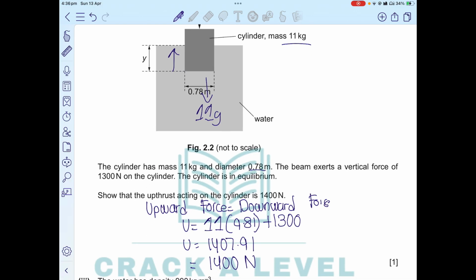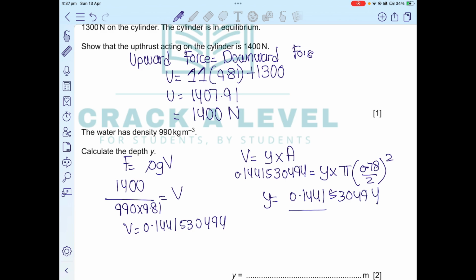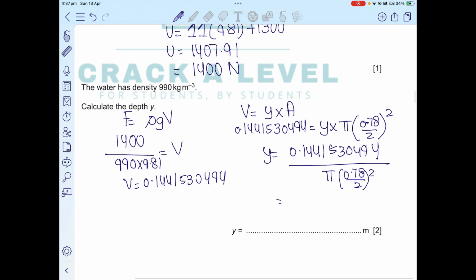They've given us a diameter of 0.78, so we do 0.78 divided by 2, because the radius is the diameter divided by 2, the whole squared. Then it's very easy to find y, which will be 0.1441530494 divided by pi into 0.78 over 2, the whole squared. This gives me 0.3 meters.